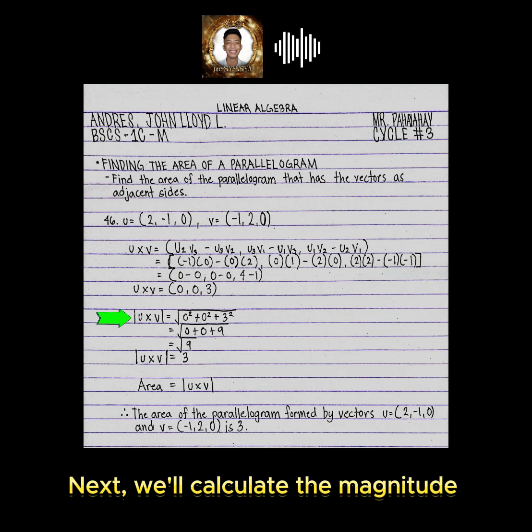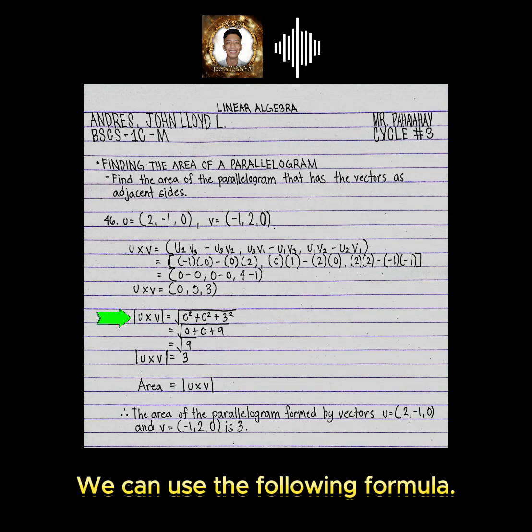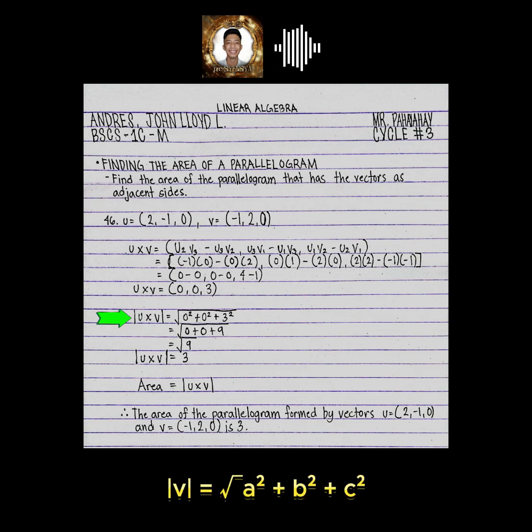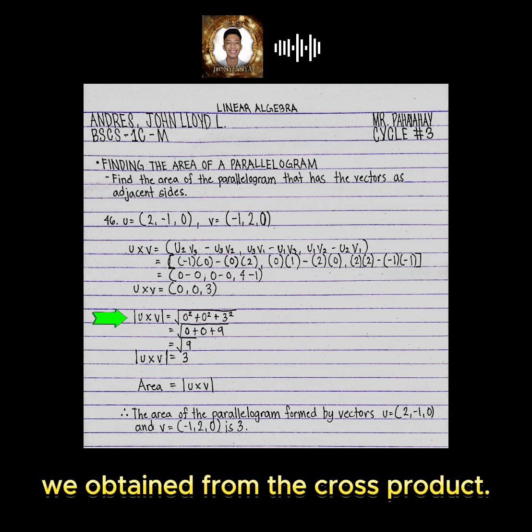Next, we'll calculate the magnitude or the length of the cross product. We can use the following formula. Magnitude of v equals the square root of a squared plus b squared plus c squared. Now, let's substitute the values we obtained from the cross product.